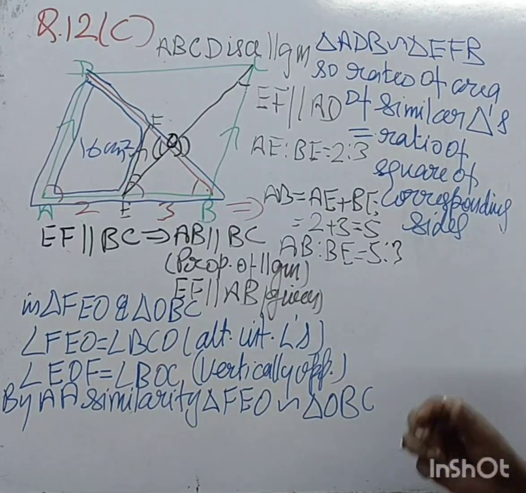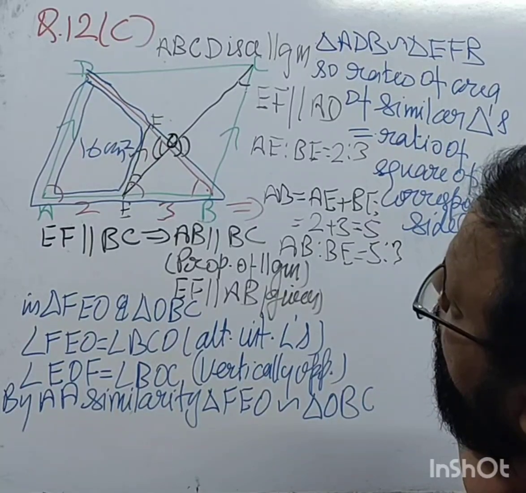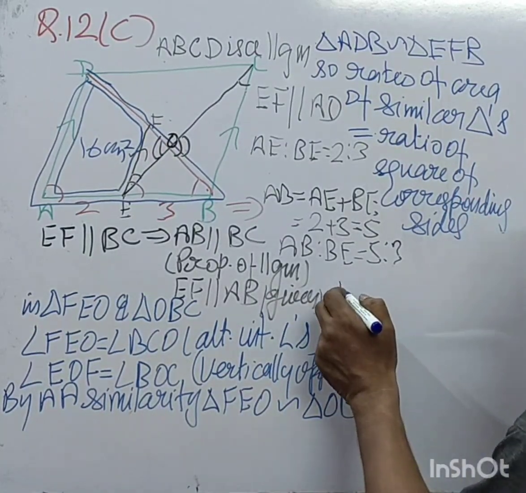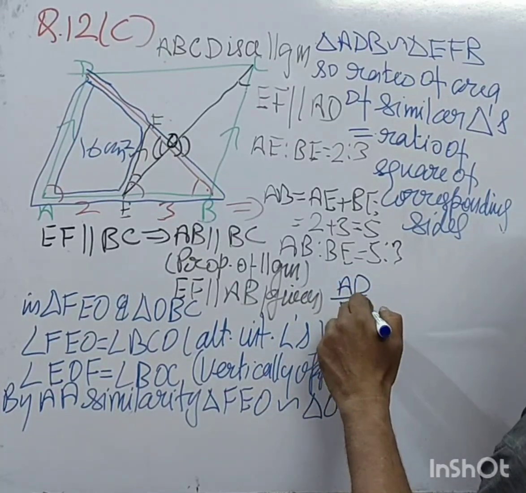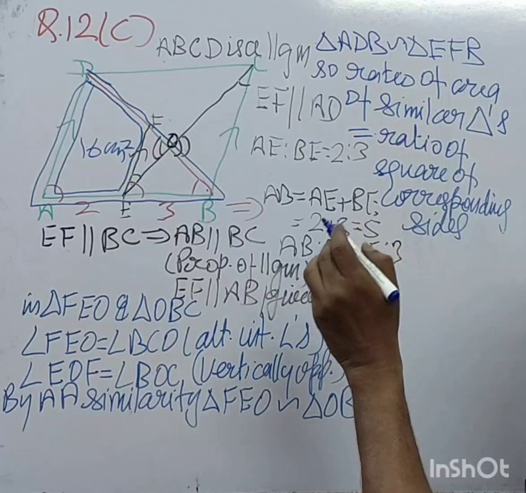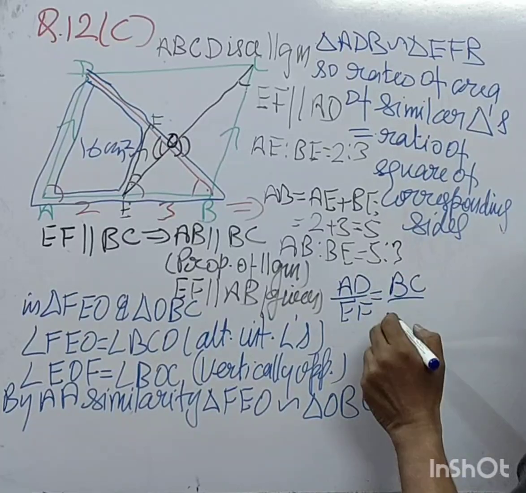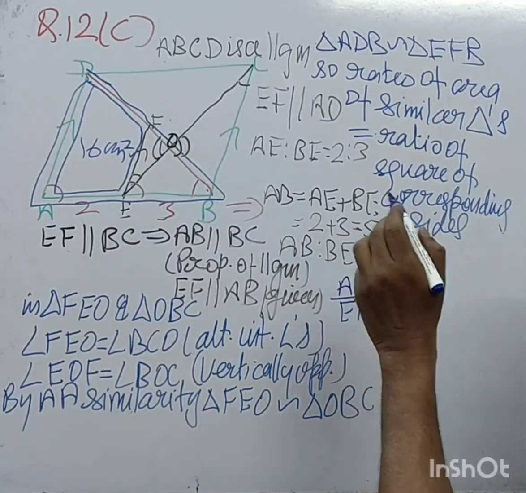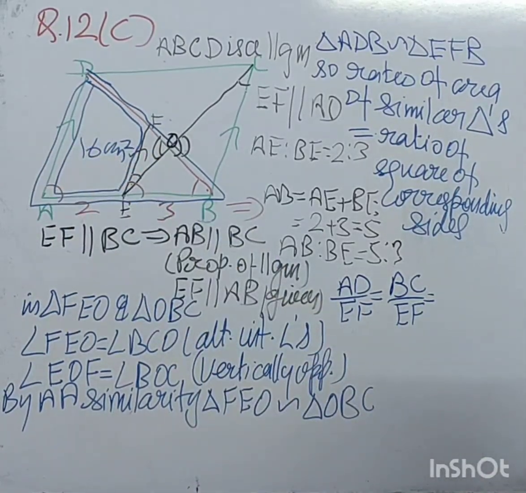What was the ratio between AB and EF? It is 3:5. AD upon EF is equal to BC upon EF, and BC it is 5:3, right?